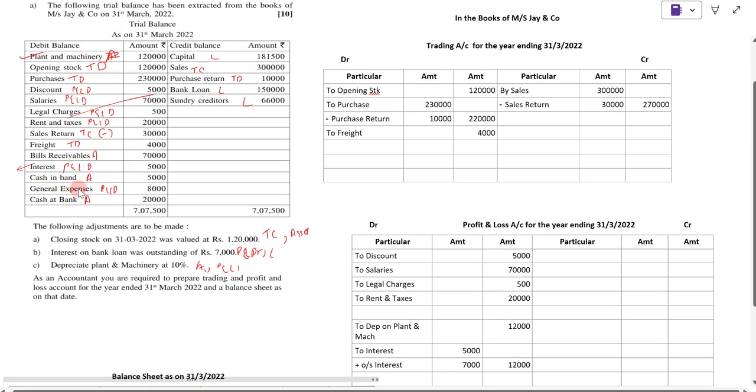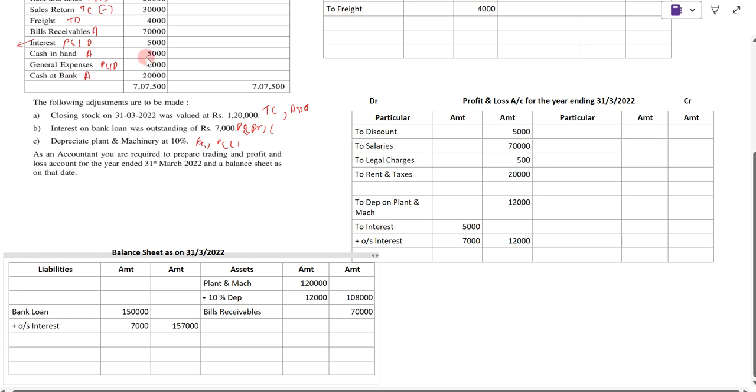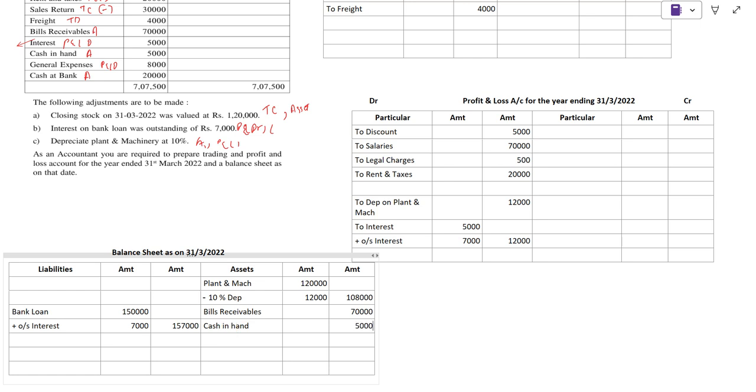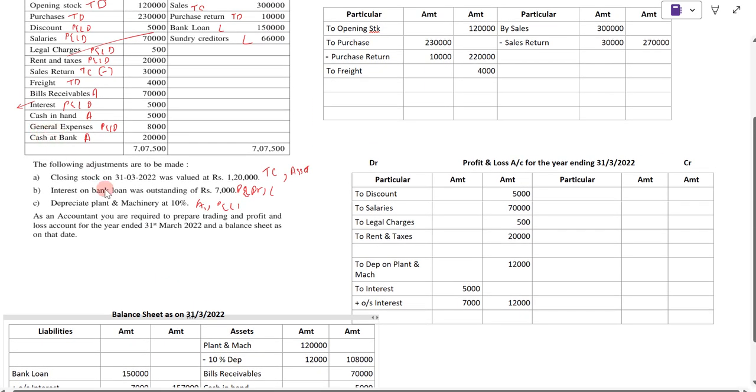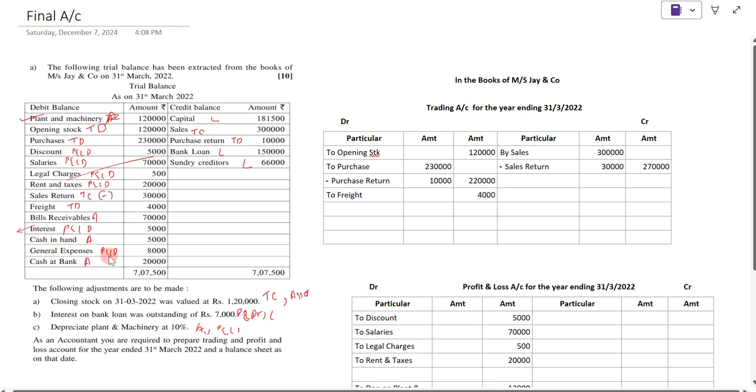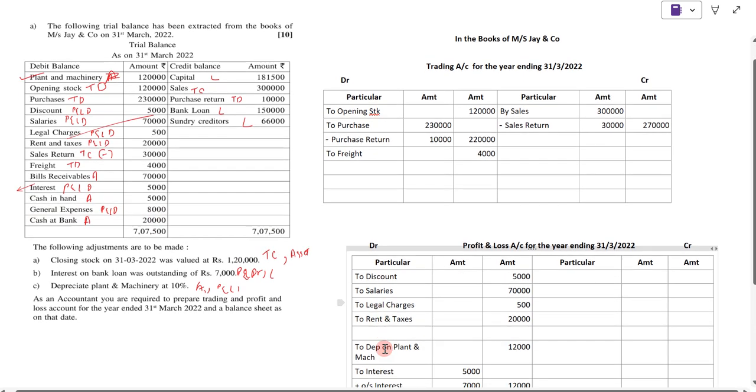Then cash in hand and cash at bank, 5,000 and 20,000 respectively, on the asset side. Cash in hand rupees 5,000 and cash at bank rupees 20,000. Then we have journal expenses in P&L account 8,000.